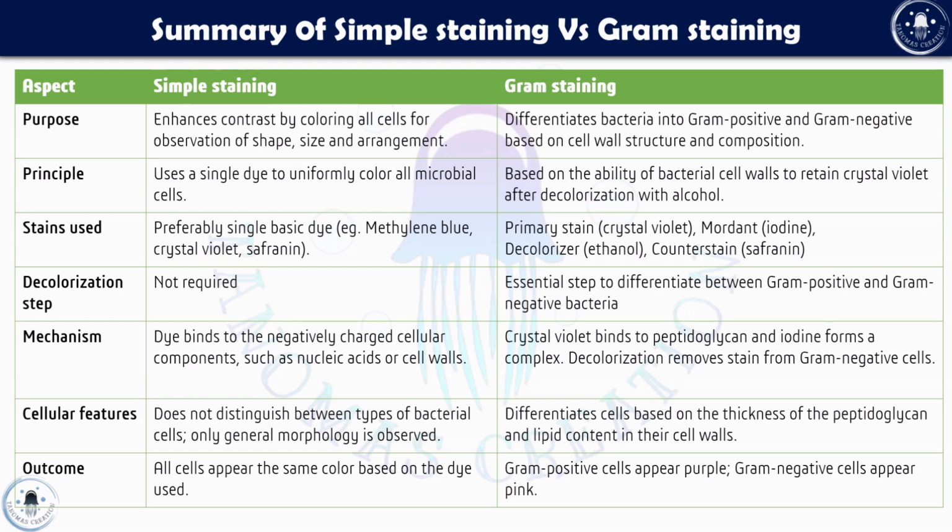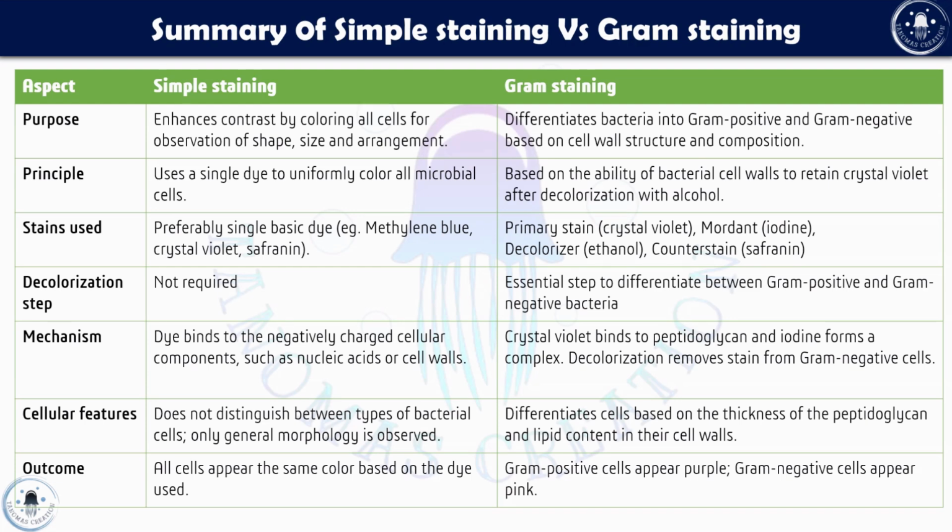Now the principle: simple staining uses a single dye and uniformly colors all the microbial cells. Whereas gram staining is based on the ability of the bacterial cell wall to retain the crystal violet after decolorization with alcohol.